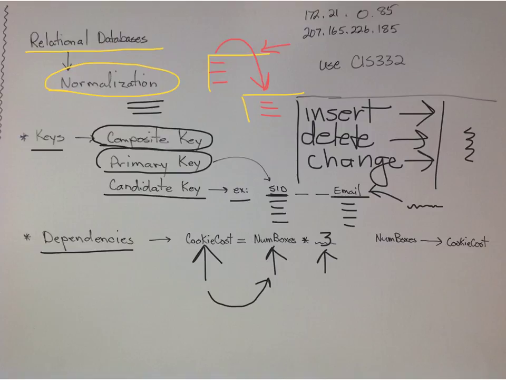Another way to word that, the number of boxes will determine the cookie cost. Okay? A student ID will determine the other student attributes. If you pick this ID, you're going to get these attributes. They're dependent upon the ID.